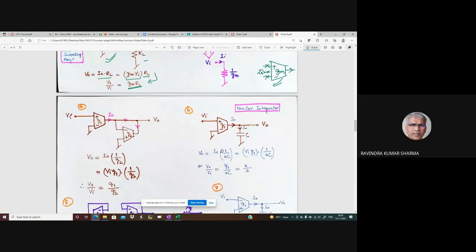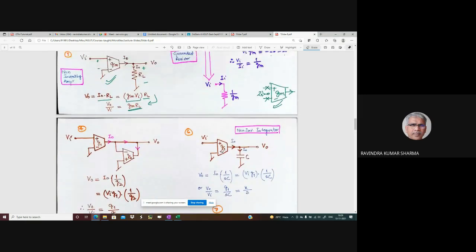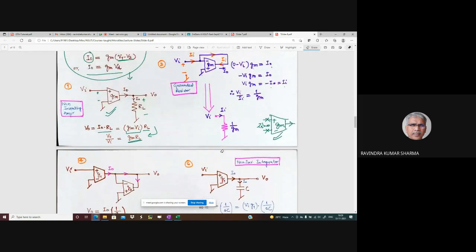See the fourth circuit. In the fourth circuit, if you compare it with the third circuit, जो third circuit का grounded resistor है, this grounded resistor is now connected here.